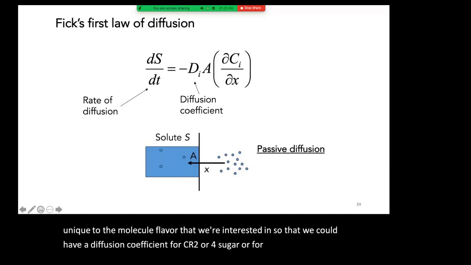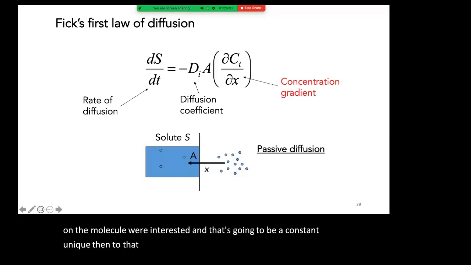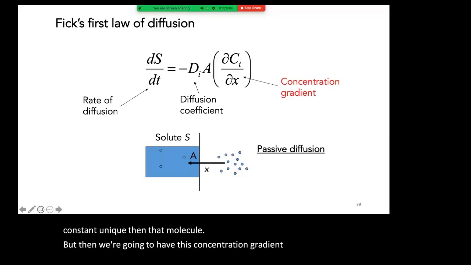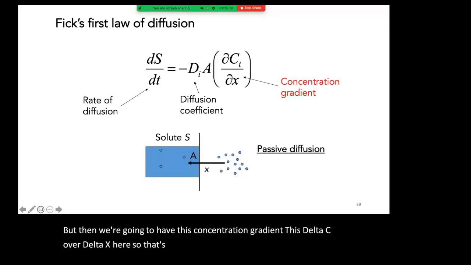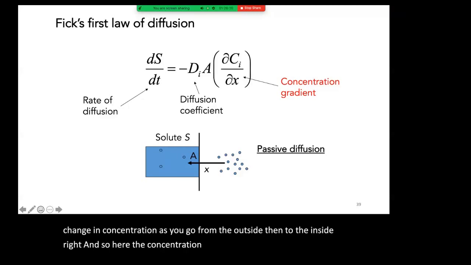It depends on the molecule, and it's going to be a constant unique to that molecule. But then we have this concentration gradient, delta C over delta X here. That's the change in concentration as you go from the outside to the inside, right? And here, the concentration gradient is high, because we have a big change over that distance, okay?